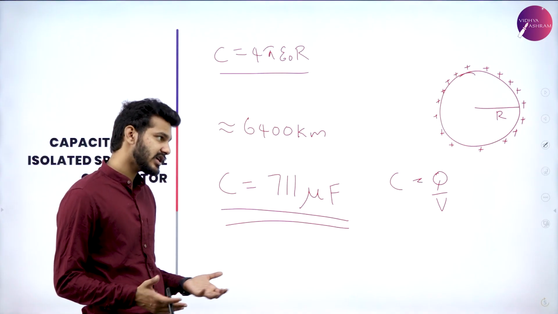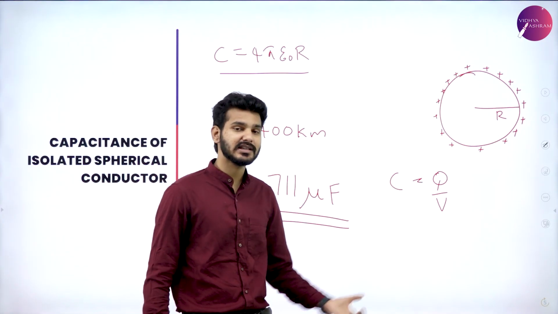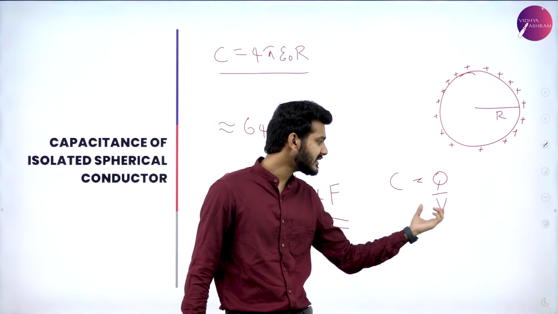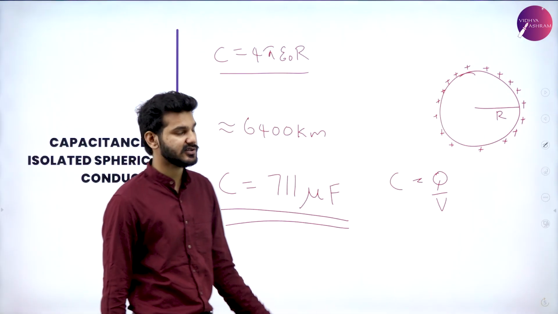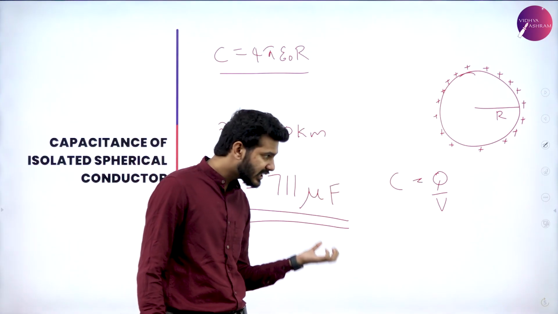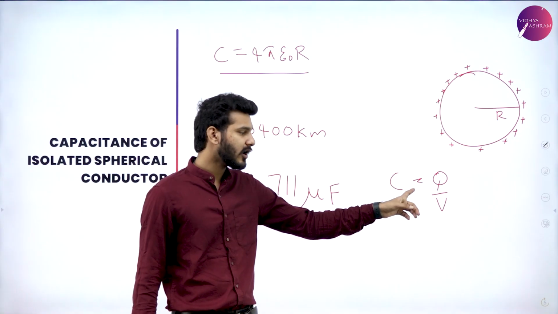So in actuality, the Earth has a lot of capacity, but in this particular case, we are calculating how much charge will be required to raise the potential by 1 volt, and that will be equal to the capacitance. So we need 711 microfarad to increase the potential of Earth by 1 volt.